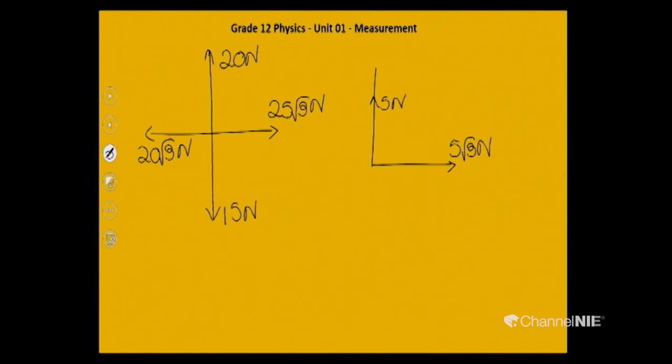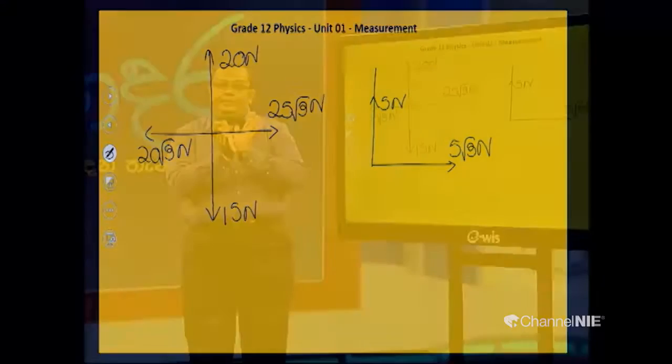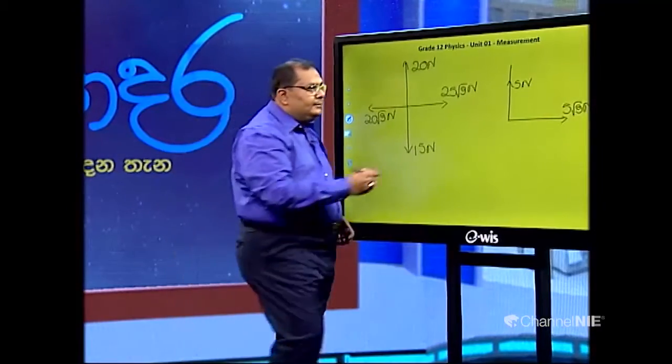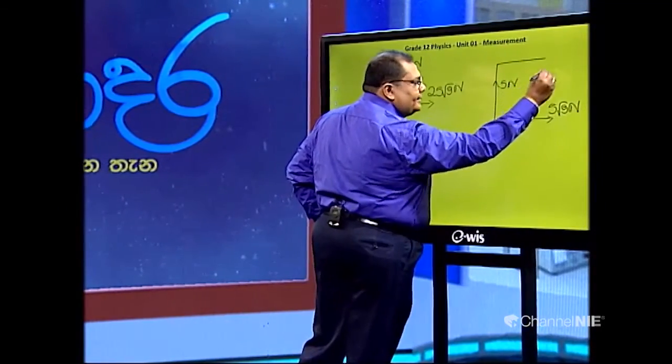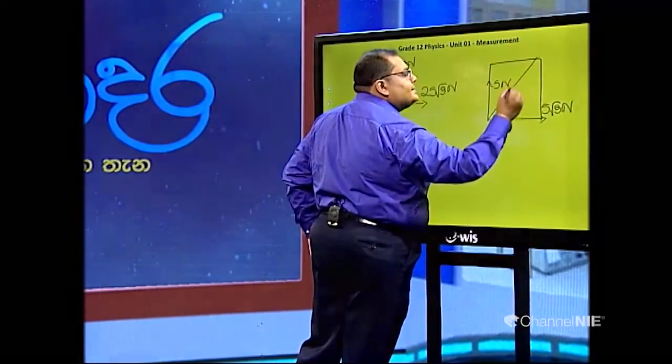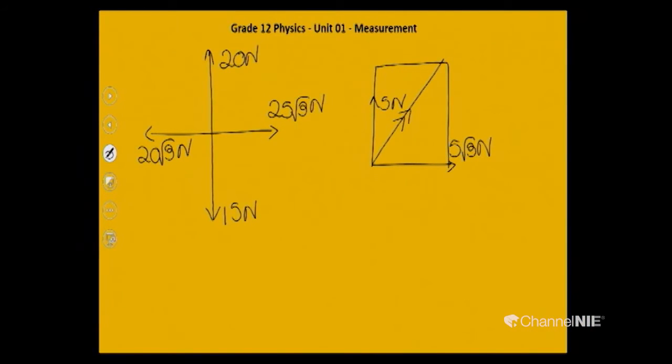Now you know how to find the resultant of them. They are perpendicular. Pythagoras principle again, you can complete this rectangle. Here to here you can see the resultant.